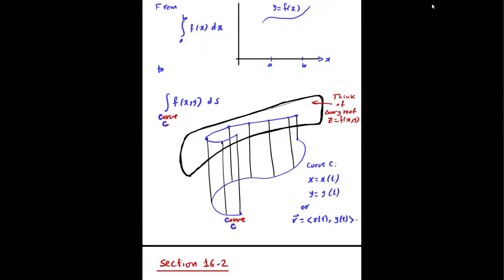When x is a function of t, y is a function of t, maybe z as well, we can write the position vector of the points of this curve as the vector x of t, comma, y of t, comma, z of t. This example is for a curve in 2D in the xy plane.